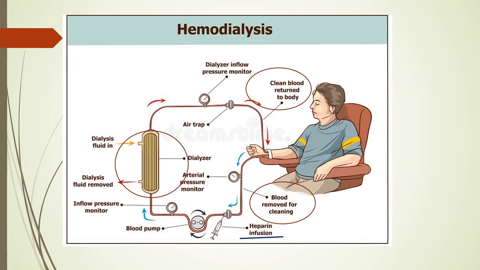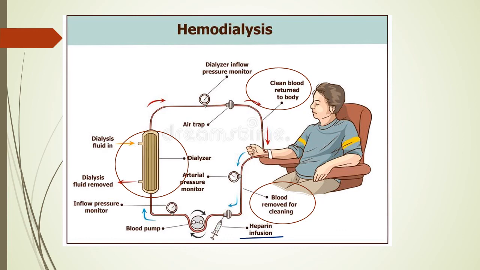This unit contains a coiled cellophane tube surrounded by the fluid, which has the same composition as that of the plasma except the nitrogenous waste. So the porous cellophane membrane of the tube allows the passage of molecules based upon a concentration gradient.